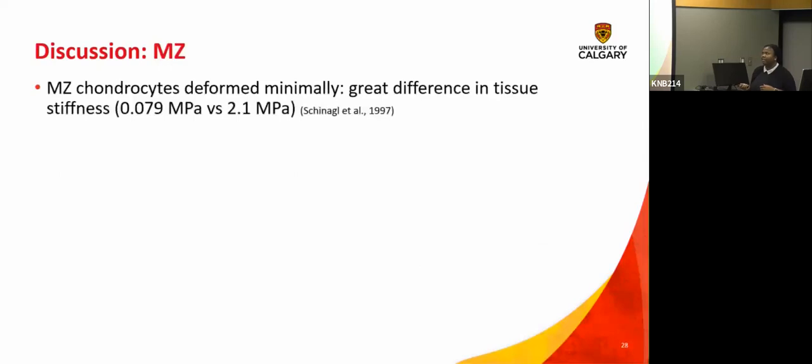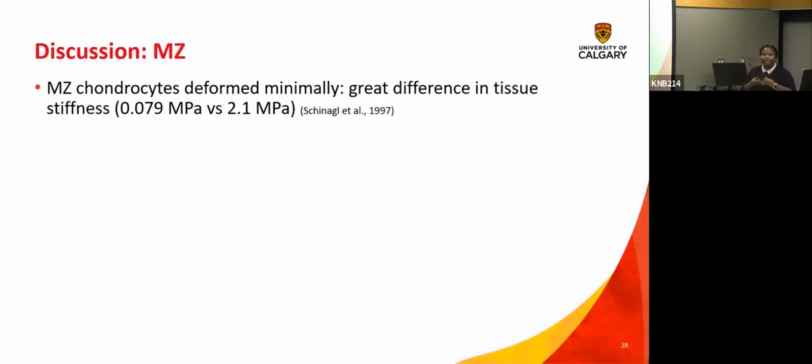And then with what was happening in the middle zone, I would say kind of expected, because the middle zone cells deform minimally, and it's been shown that there's a lot of difference between the stiffness of the middle zone and the superficial zone. If you look at it, the middle zone tends to be a bit stiffer.